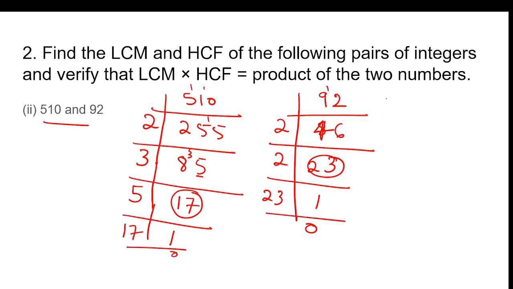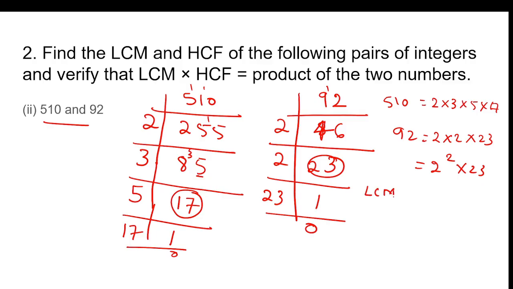Okay. Now can I express 510 as 2 into 3 into 5 into 17 and 92 as 2 into 2 into 23? Can I write this as 2 to the power 2 into 23? Yes, we can write like that. Okay. Now, the next step is we have to find out the LCM.